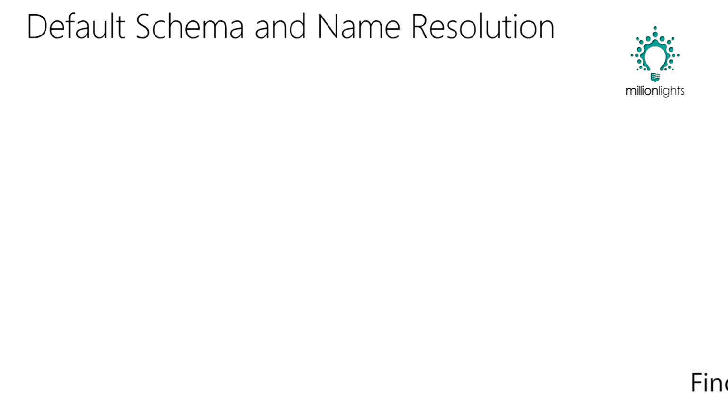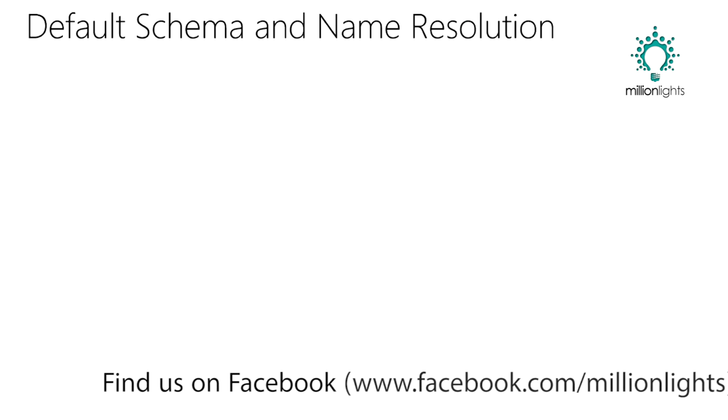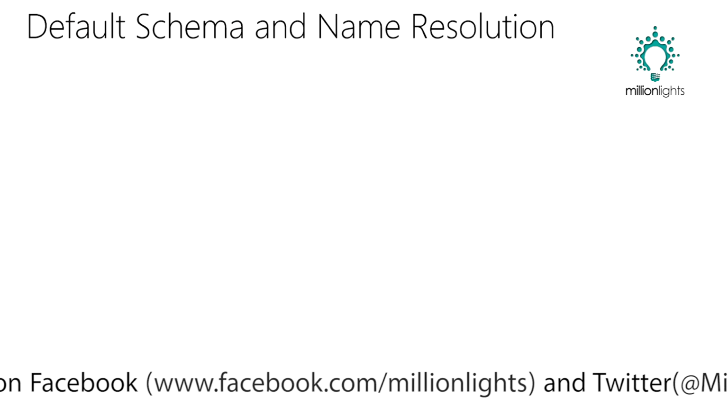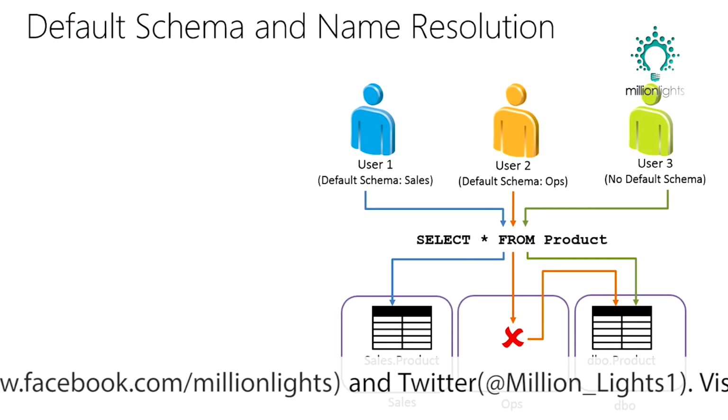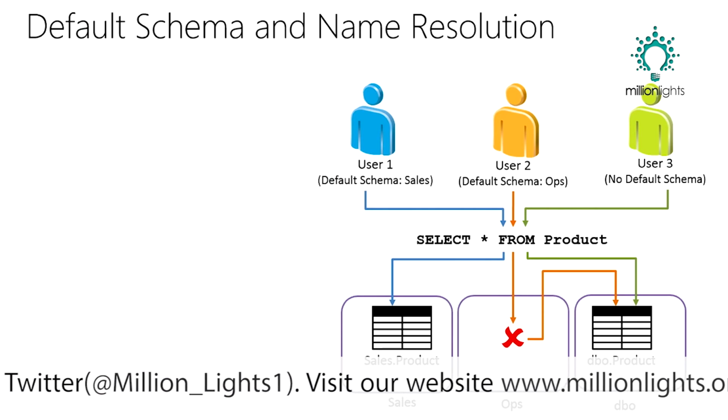All right, we talked about the naming boundaries. Tell me about how SQL Server goes about resolving cases where I don't specify the schema. Yes, this is a really important point. A performance tuning tip is around this default schema and name resolution.